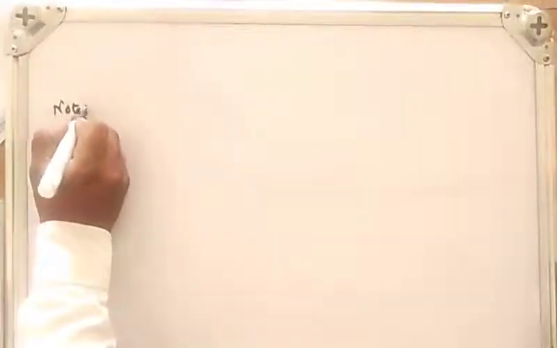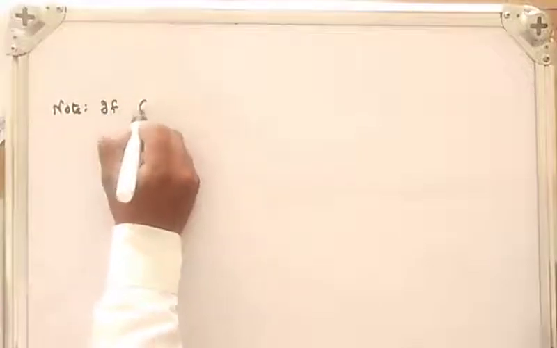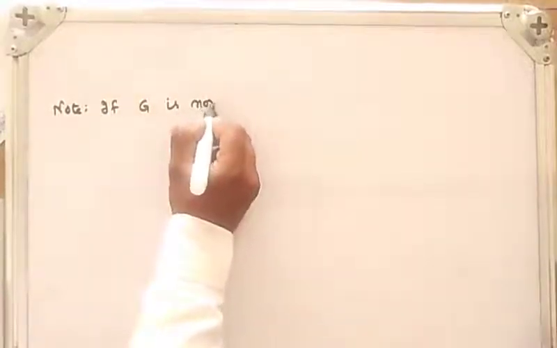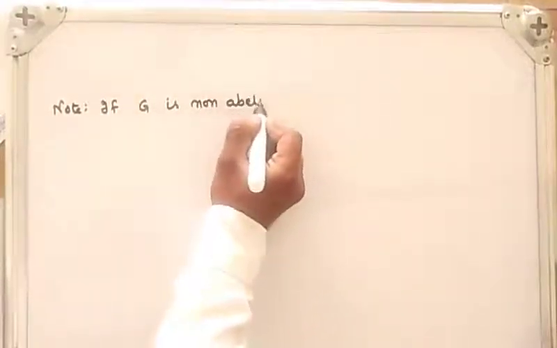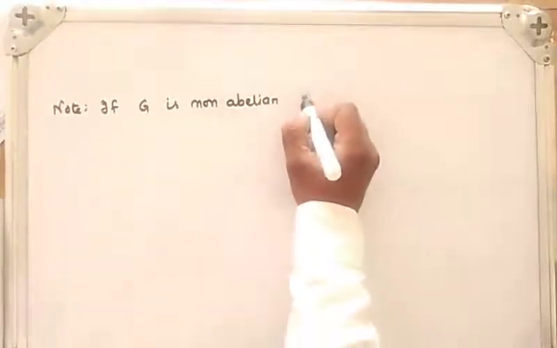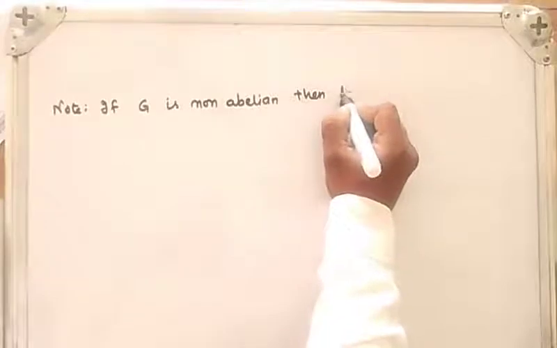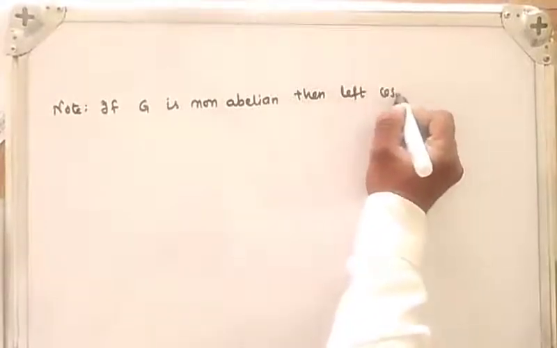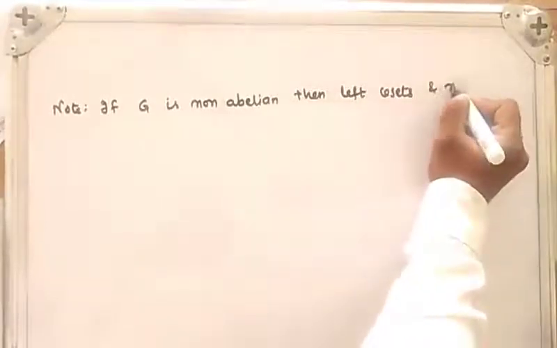Now let's see the note. If G is non-abelian, then left cosets and right cosets may not be equal.